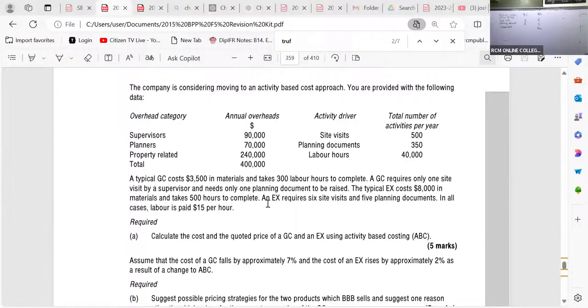There's something missing there. No, let's just read it very well. A typical GC costs 3,500 in materials and takes 300. So GC is 300. All right. Now everything is in place.